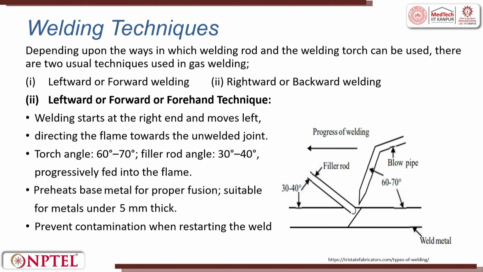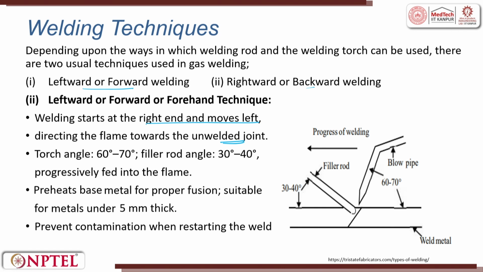So, there are different techniques. One is called the forward technique, the other is called the backward technique. This is the forward technique. In the forward technique, the weld starts at the right end and moves towards the left, directing the flame towards the unwelded joint.